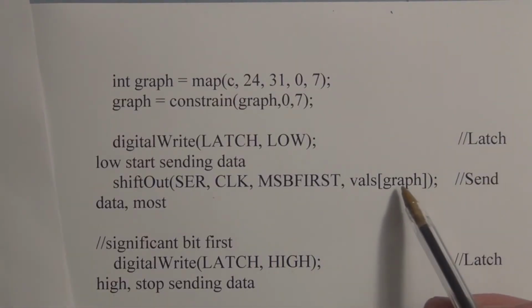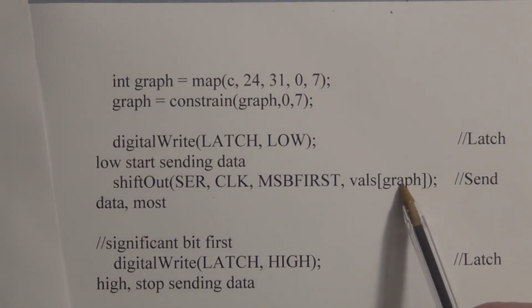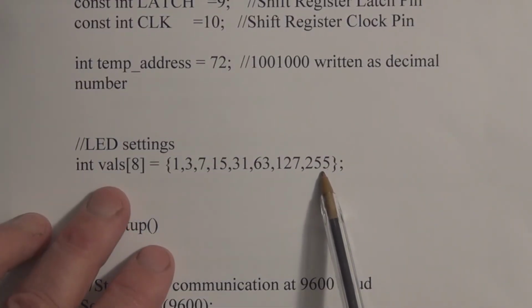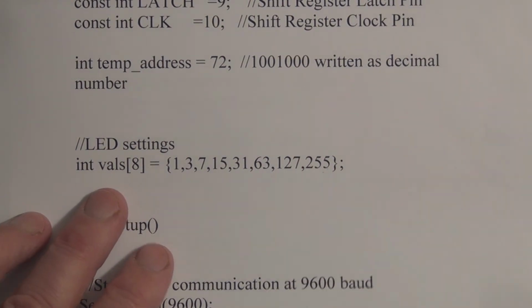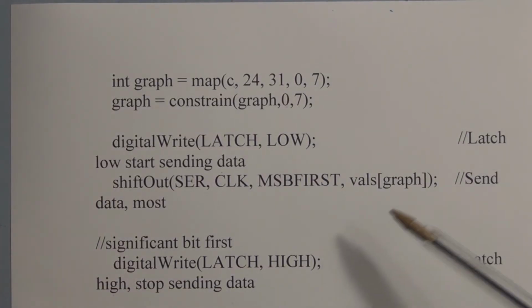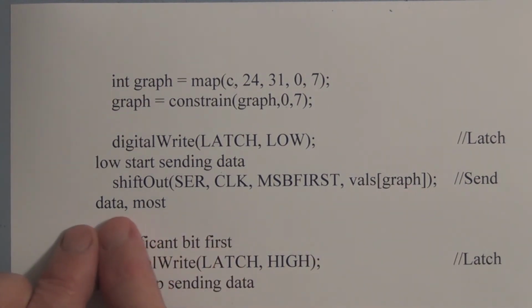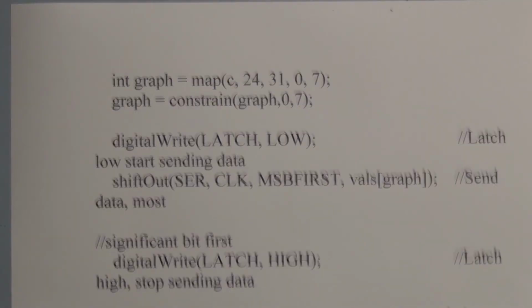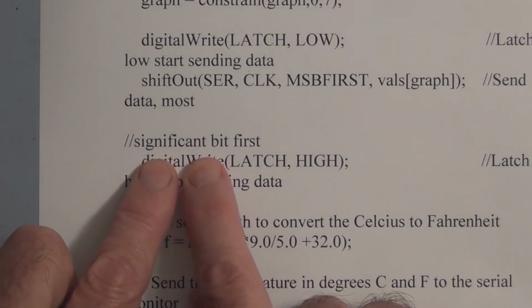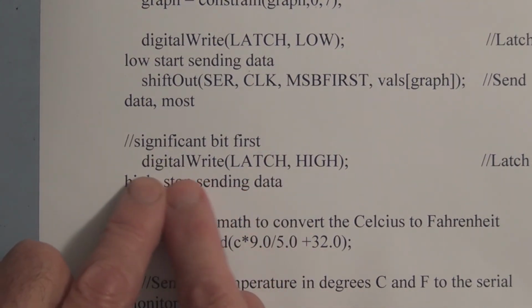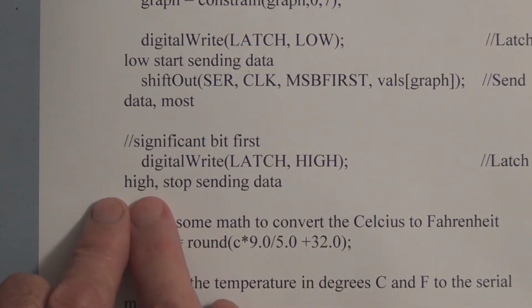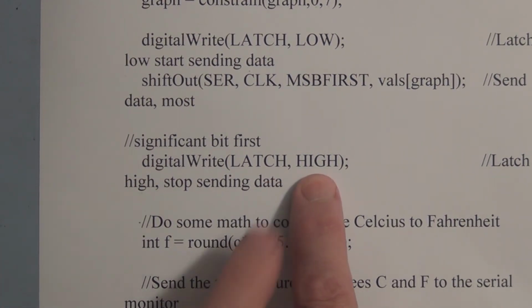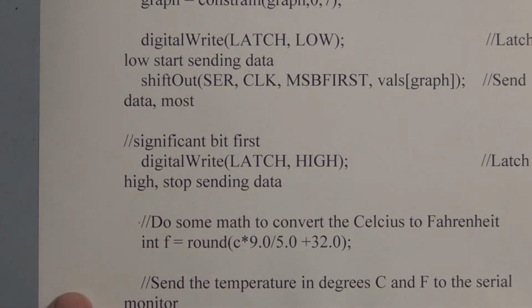If graph has a value of 7, we're then going to point to this element in the vals array, and that's the number that will get shifted into the shift register. So that's what's accomplished with this line here. Then most significant bit first, we've got digitalWrite latch high, stop sending data. So once the latch returns high again, we stop sending the data.